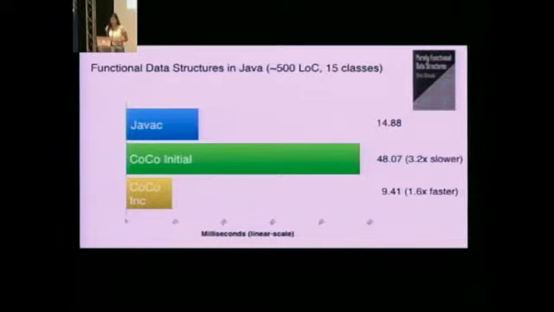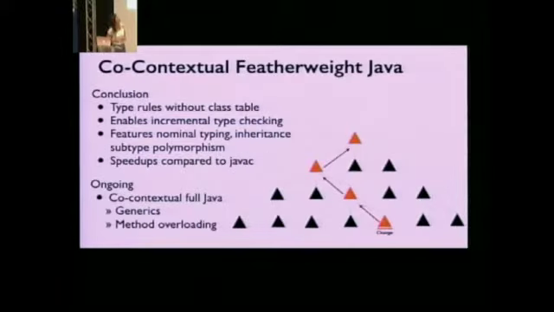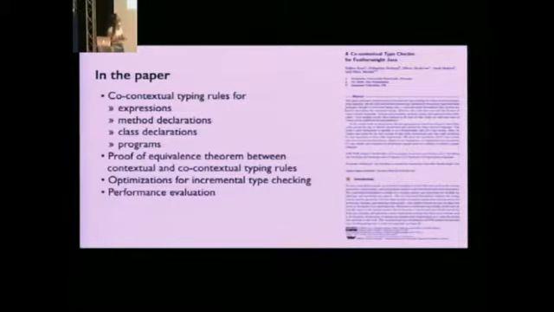Also, in the paper we have detailed typing rules for expressions, method declarations, class declarations, and programs. And most importantly, we have a detailed proof of equivalence between these two systems.